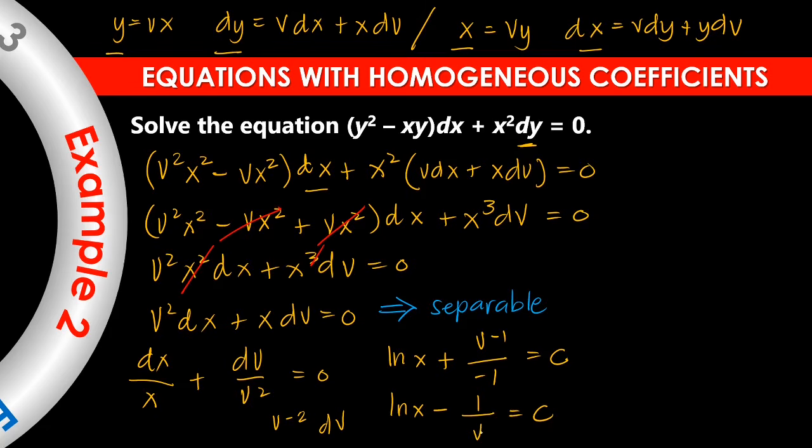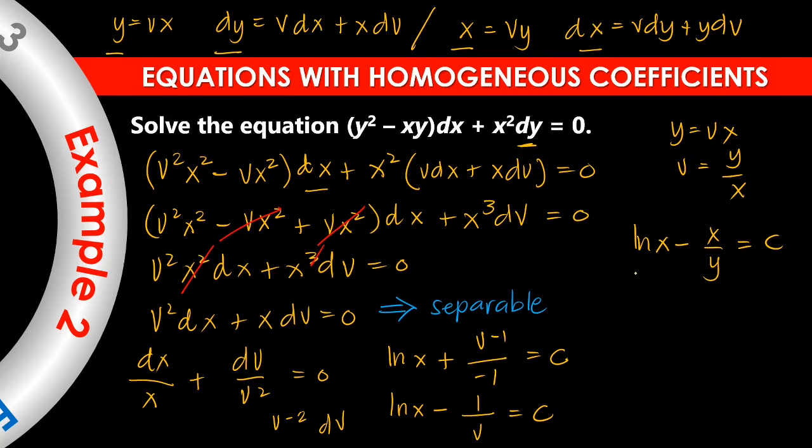Now we use back substitution because the original variable is not v; rather, it's y. Since our representation is y equals vx, v is y over x. So I can replace v with y over x, and I get ln of x minus 1 over y over x, which is just x over y, equals c.